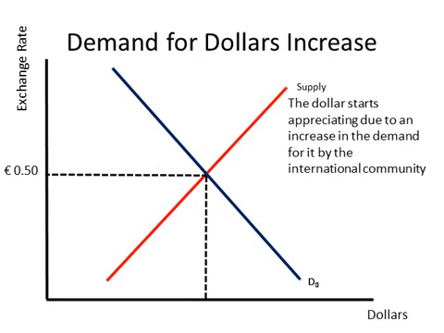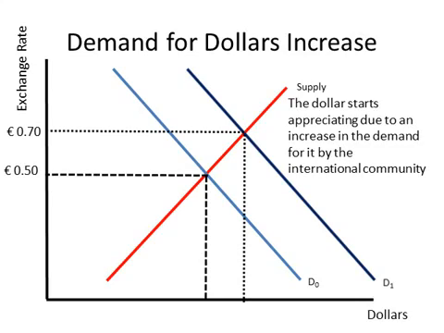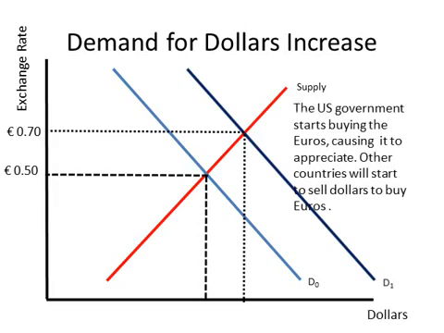Here we have the supply and demand for euros and dollars. The dollar starts appreciating, with the demand for it shifting to the right, and the US dollar appreciates due to the increase in demand by the international community. The US government starts buying euros, causing them to appreciate.